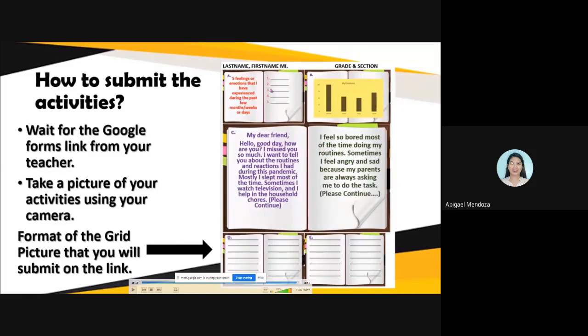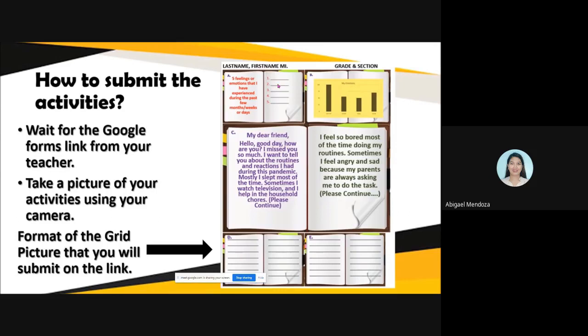Ulitin ko ha, yung letter B, na-discuss ko na sa inyo yung graph. Yung letter A naman, 5 feelings and emotion that you have been experiencing these past few months or weeks. Kung ano yung nilista nyo dito, from 1 to 5, we're going to write it on the graph. Kunyari, sa number 1, nilista nyo anger.